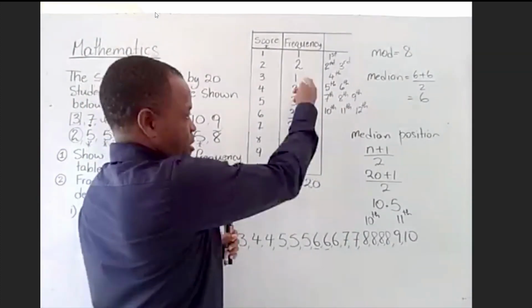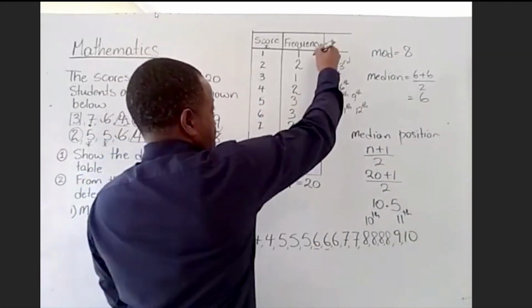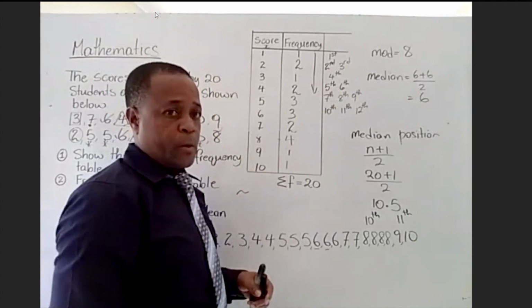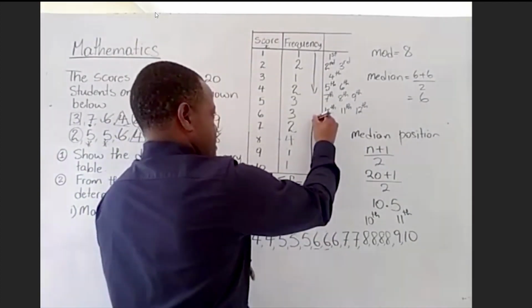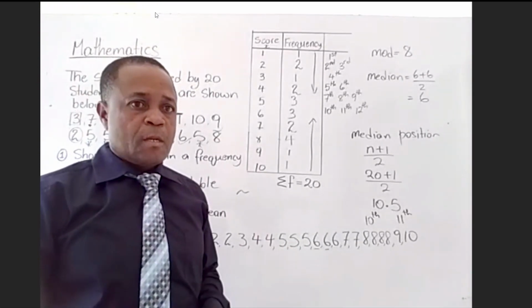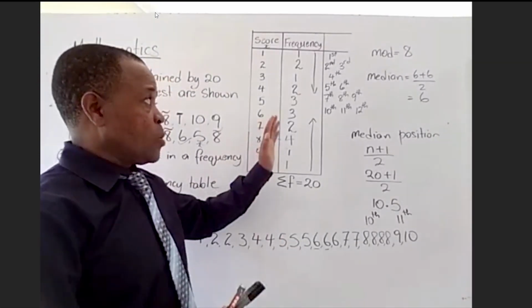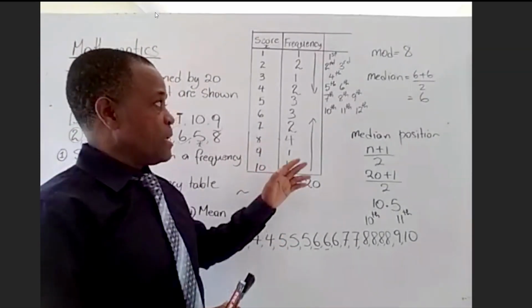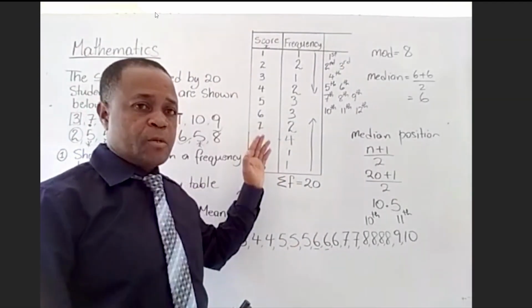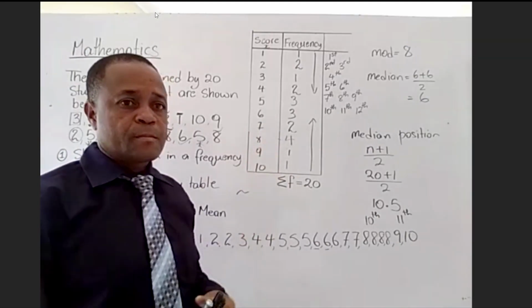So any direction that you're going from, it will work just the same. So that is how we go about finding the median from our frequency distribution table.